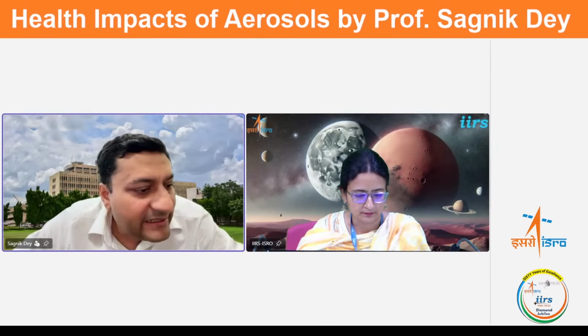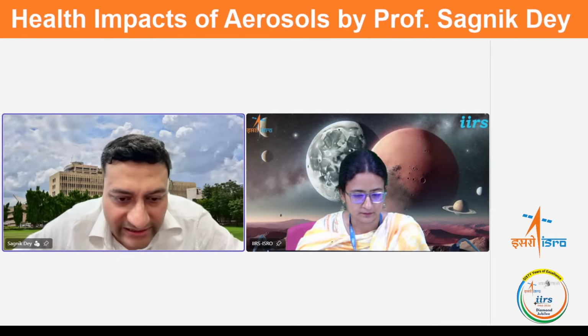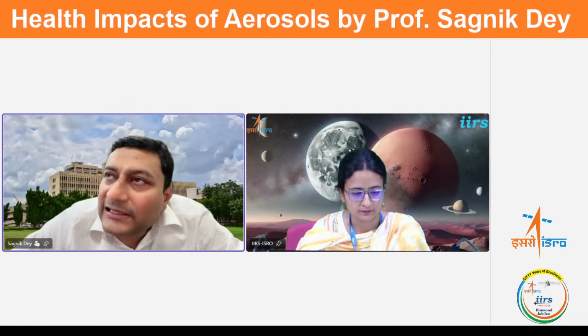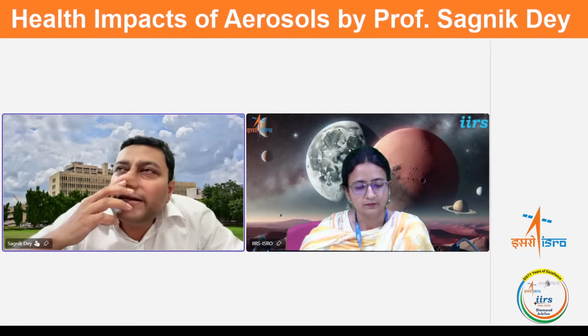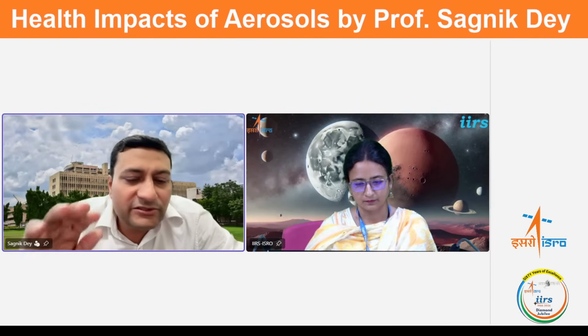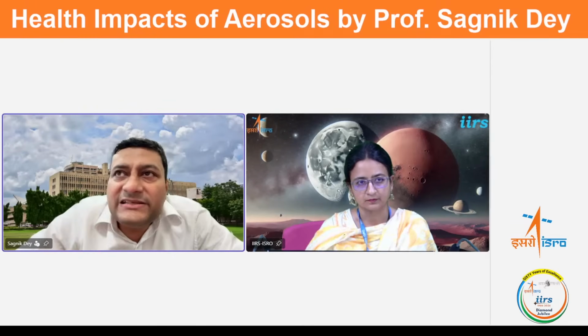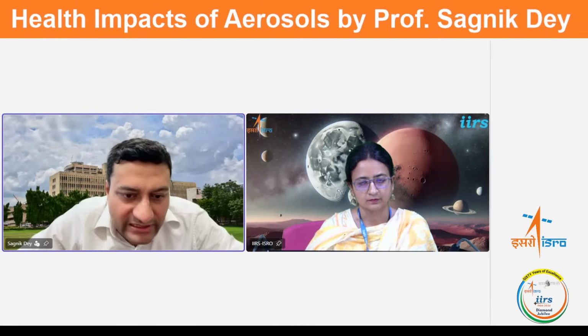So if I have to summarize, of course, there is a big research gap, as I said, on the aerosol toxicity, because all the air quality guidelines or standards are based on aerosol mass. How change in size distribution and composition impacts on health, we do not have full understanding.